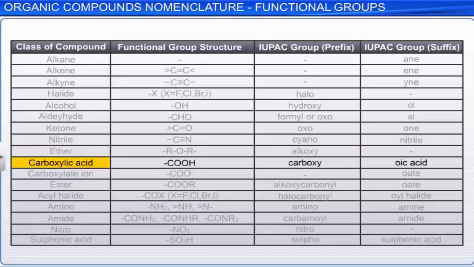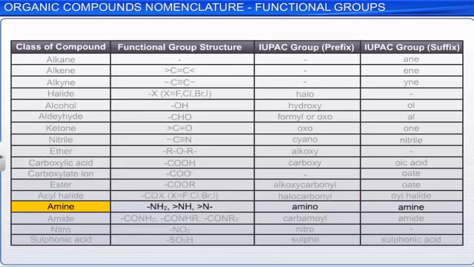The carboxylic acid group prefix is carboxy and the suffix is oic acid. The carboxylate ion group suffix is -ate. The ester group prefix is alkoxycarbonyl and the suffix is -ate. The acyl halide group prefix is halocarbonyl and the suffix is oyl halide.